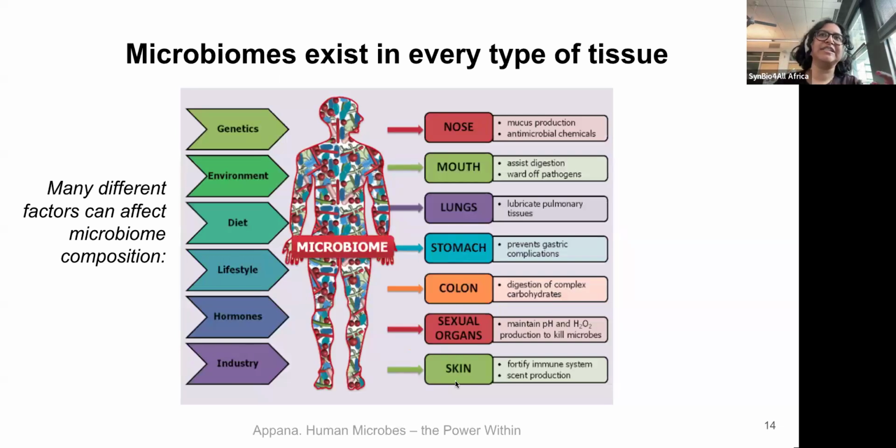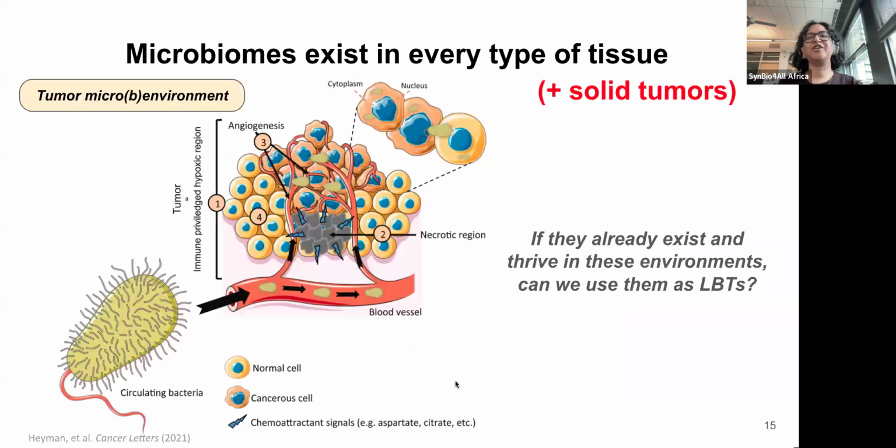But beyond microbiomes existing in every tissue, they actually also exist in solid tumors. And so in our lab, we like thinking of this tumor microenvironment as actually a microbe environment where there are microbes that are in the tumor environment. The natural properties of tumor tissues make them really great environments for supporting growth.